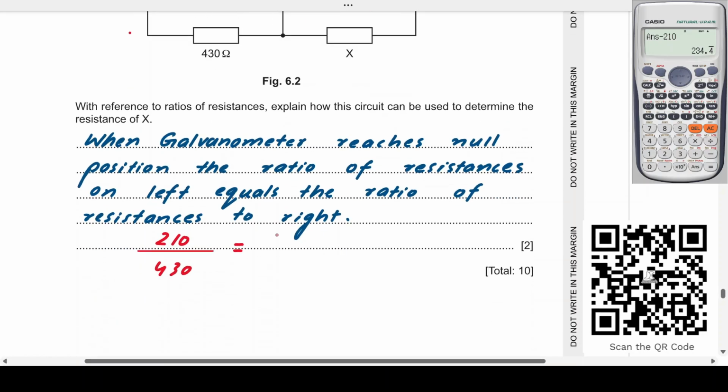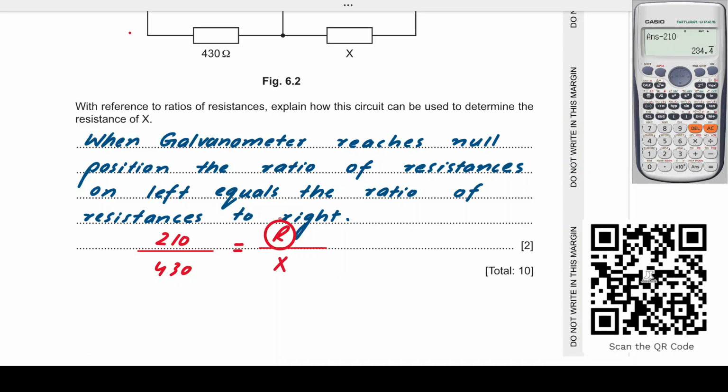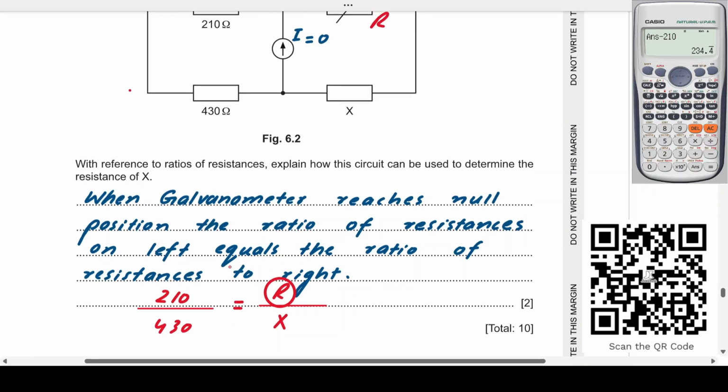So you'll be getting a specific value of that resistance, the resistance at which the galvanometer reads 0, divided by the resistance X. The value of R would be found when the galvanometer reads 0, and you can cross multiply to find the value of X.